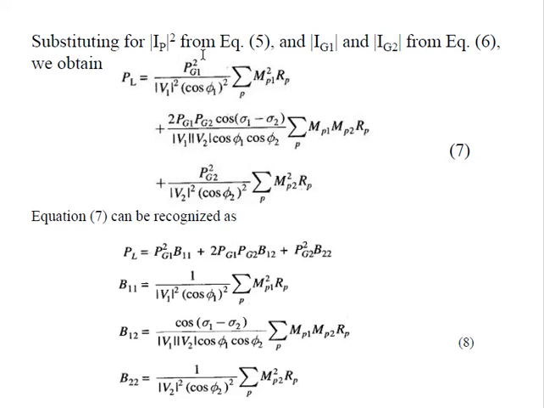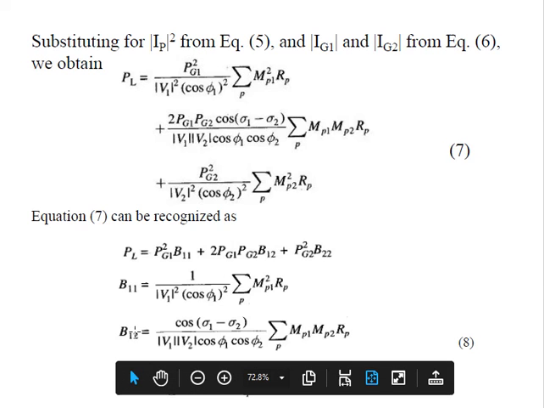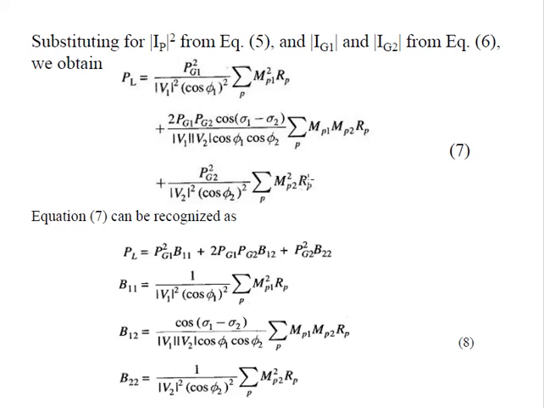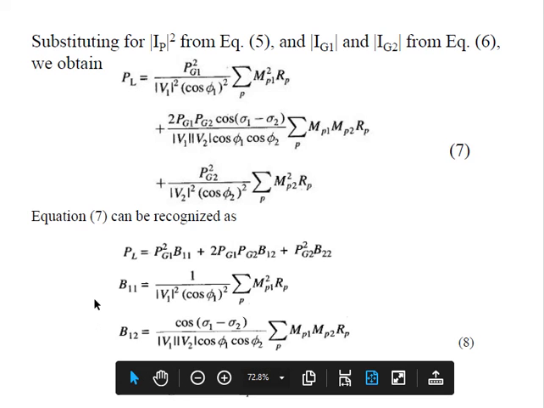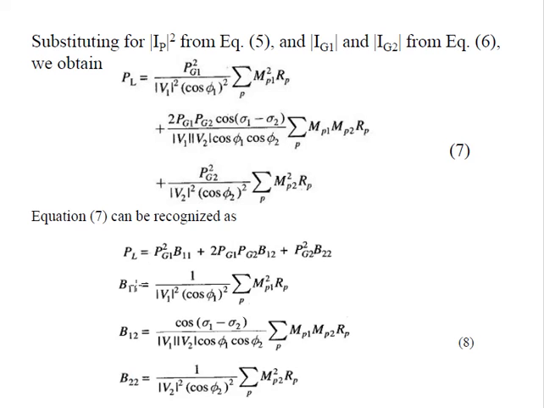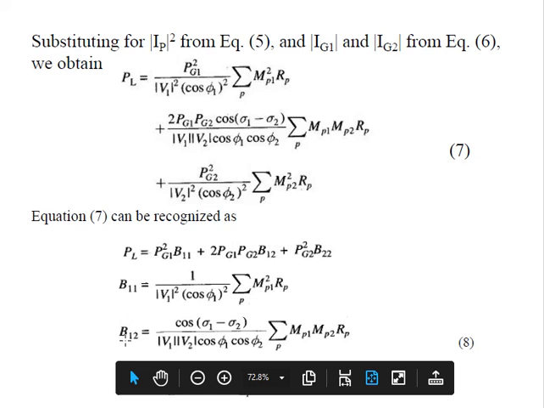You can see that Pg1 square, the remaining term is B11. B22 is also found from here. Like that, this sigma of Mp2 square Rp by modulus V2 square cos phi 2 whole square indicates the B22. So comparing equation 7 with this power loss formula, we can get B11, B12, B22.